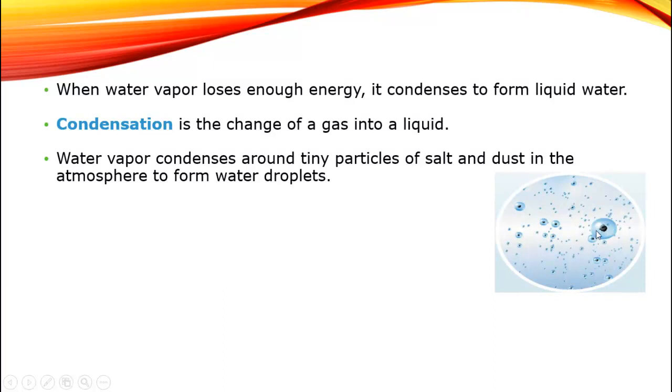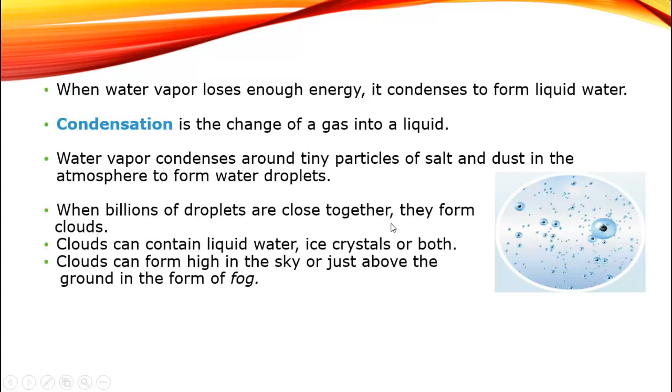This is the formation of water droplets around the salt and dust particles. When billions of droplets are close together, they form clouds. Clouds can contain liquid water, ice crystals, or both, and clouds can form high in the sky or just above the ground.